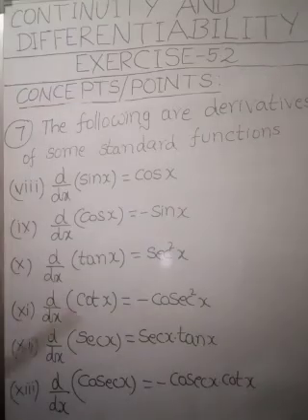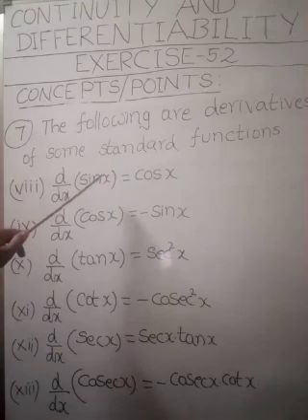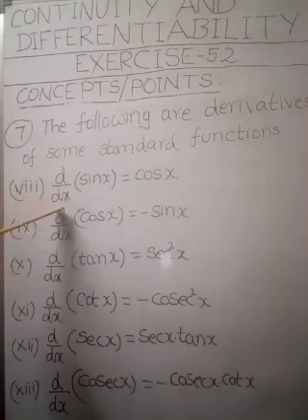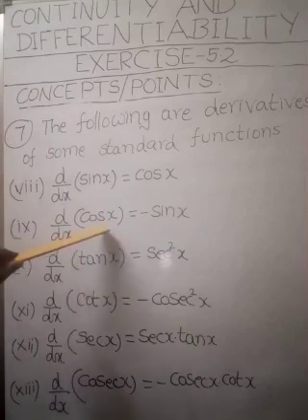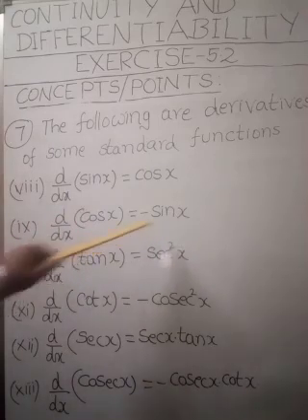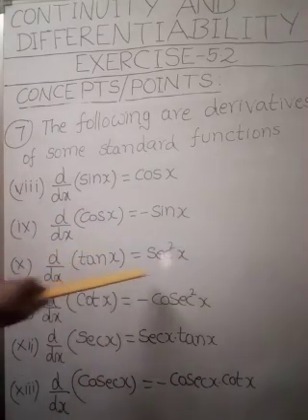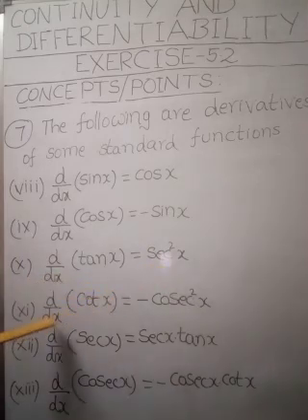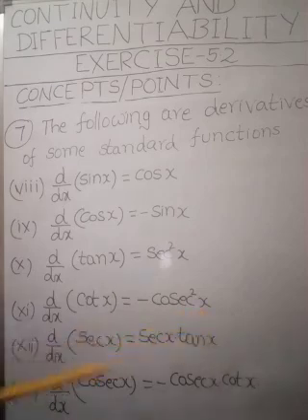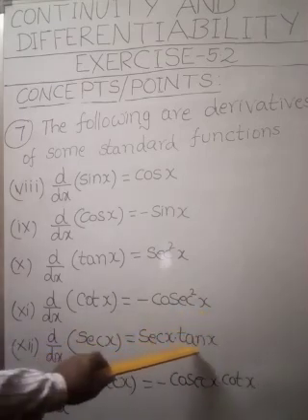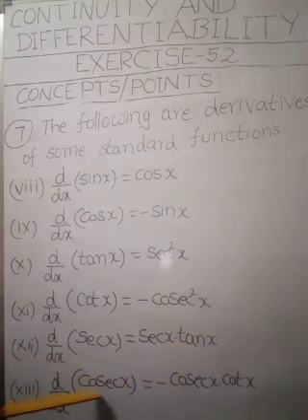Now come to the derivatives of trigonometric functions. D by dx of sin x is cos x, d by dx of cos x is minus sin x, d by dx of tan x is secant square x, d by dx of cot x is minus cosecant square x, d by dx of secant x is secant x into tan x, d by dx of cosecant x is minus cosecant x into cot x.